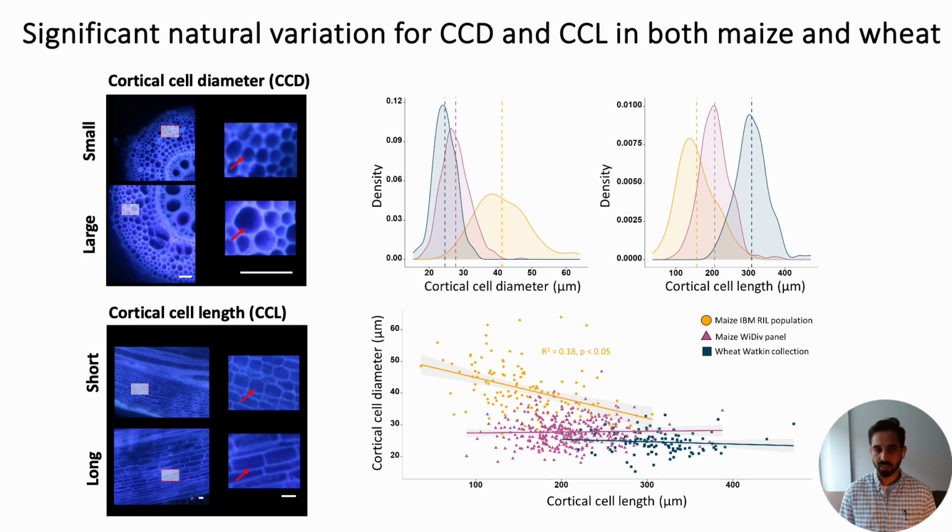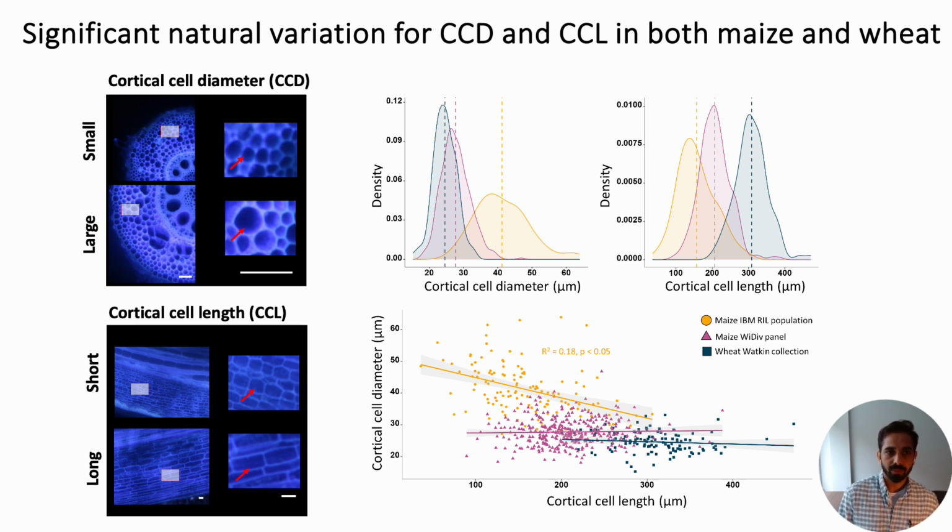In all of them, we see significant variation for both cortical cell diameter and cortical cell length. In terms of relationship, we didn't see any relationship in the diverse panels, Vivid and Watkins collection, but there is a slight negative relationship between cortical cell diameter and cortical cell length, which we need to explore further in terms of what that means.